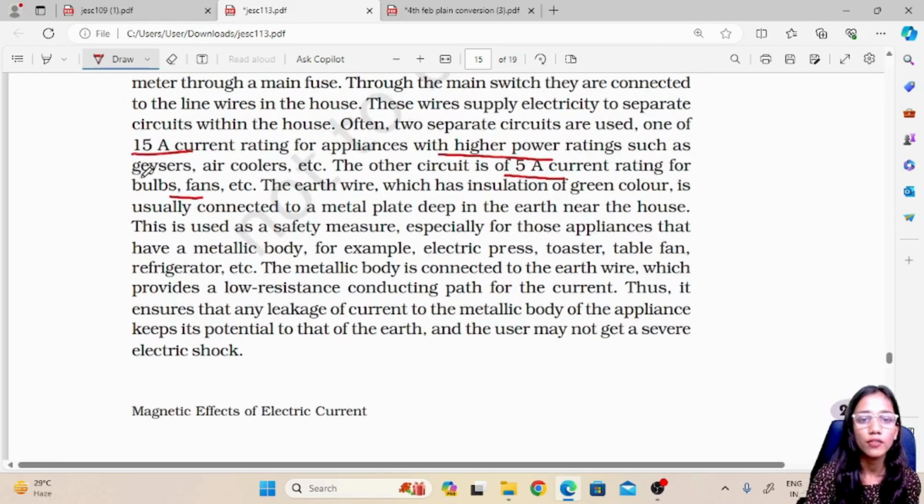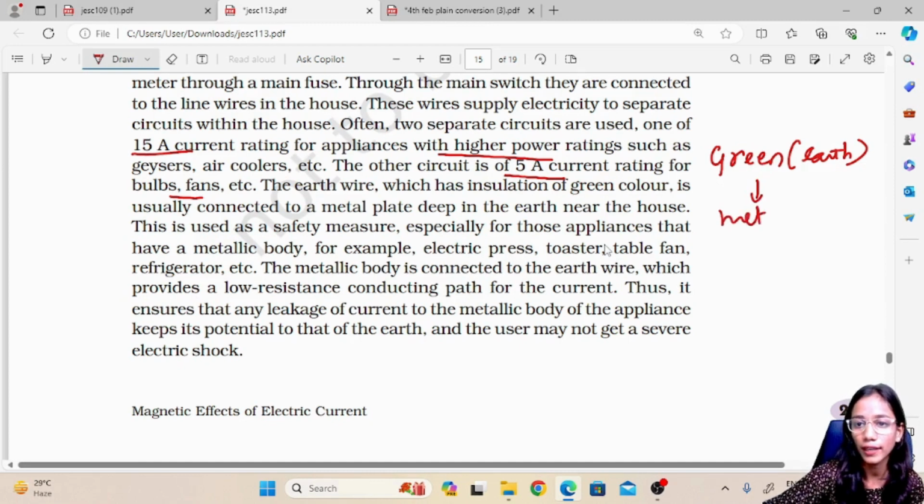Okay, a safety wire, that is an earth wire which has an insulation of green color, is usually connected to a metal plate deep in the earth near the house. Green is the earth wire which is connected to a metal plate inside the ground.